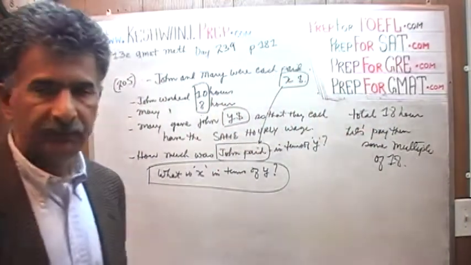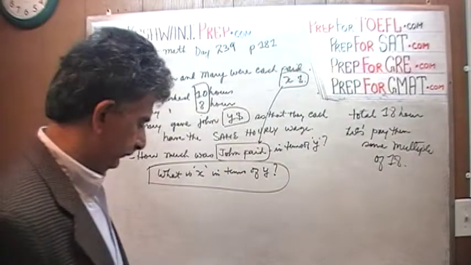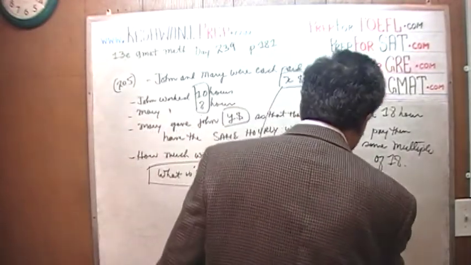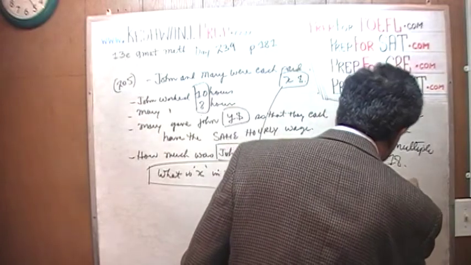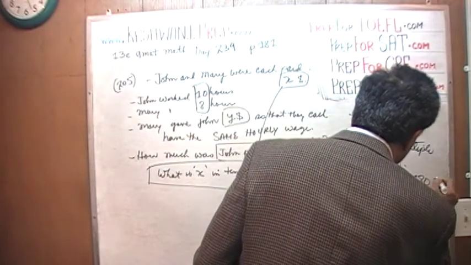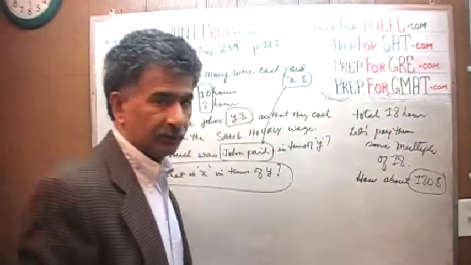In other words, plug in some number that is a good multiple of 18. How about $180? That sounds like a good number to plug in.